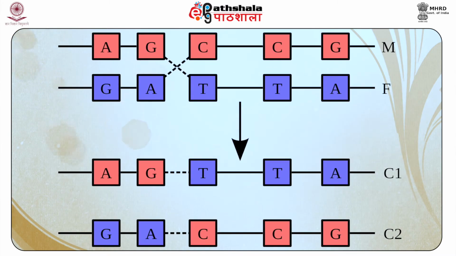The greater the frequency of recombination or segregation between two genetic markers, the further apart they are assumed to be. Conversely, the lower the frequency of recombination between the markers, the smaller the physical distance between them.